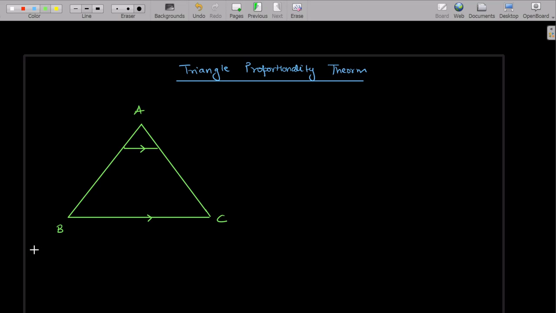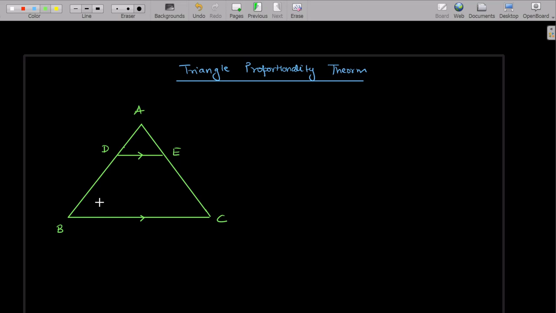It could be like this as well, touching the two sides and parallel to the third side. Okay, let's go back to the previous one. Let's call this point D, and let's say this point is E. Now what happens in this case, Anika?